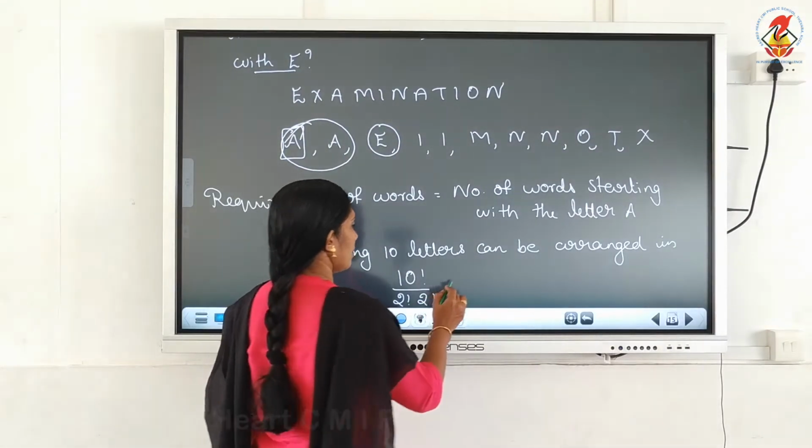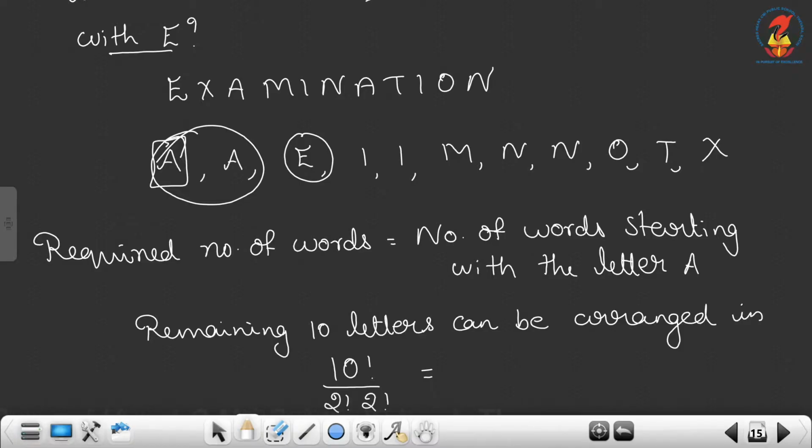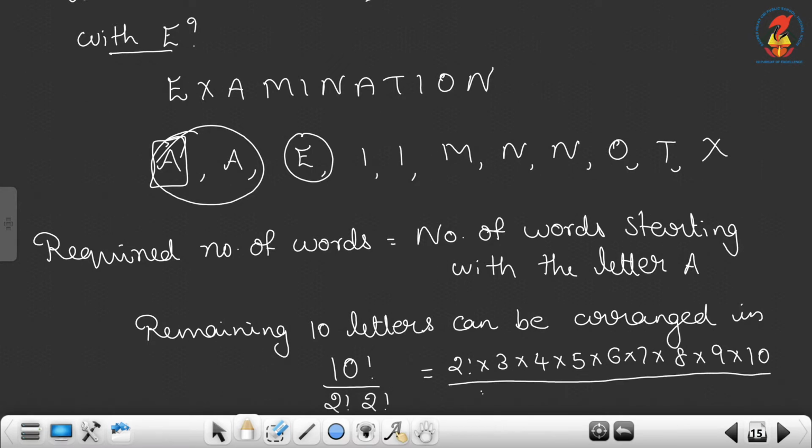Now calculate. 10 factorial by 2 factorial into 2 factorial, which is 3 into 4 into 5 into 6 into 7 into 8 into 9 into 10 divided by 2 into 2, where we cancel.